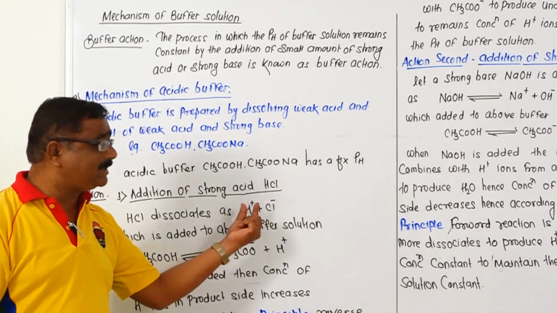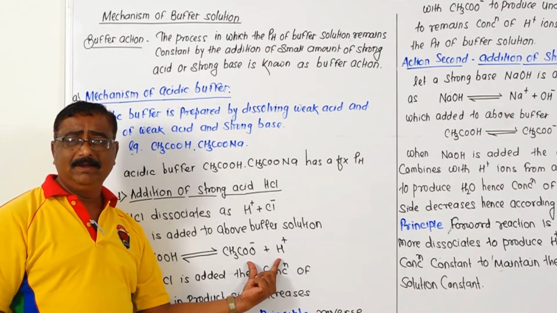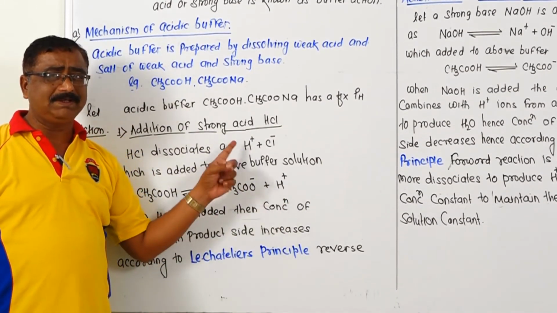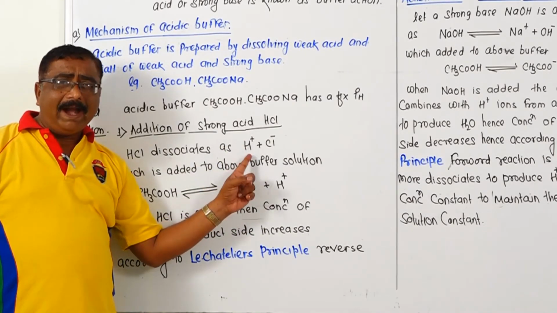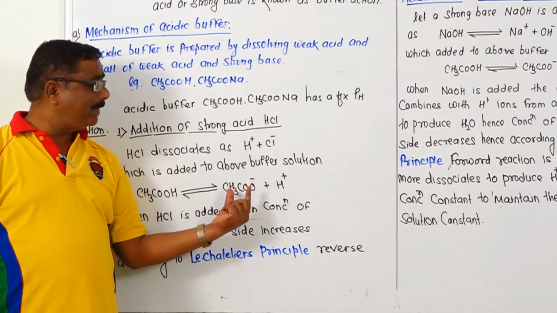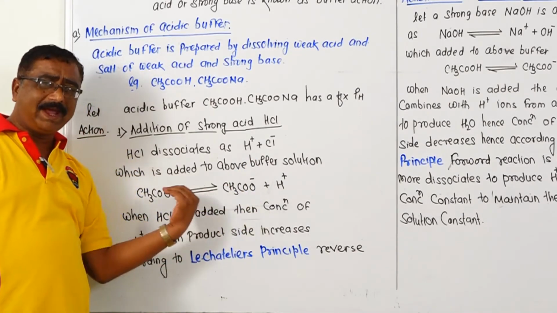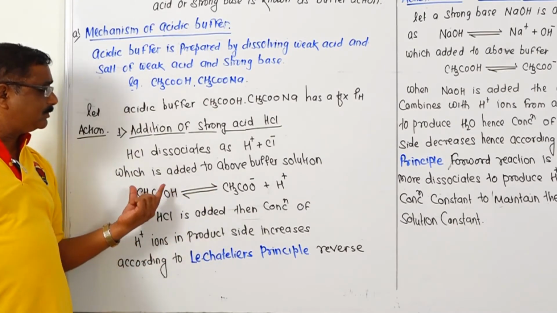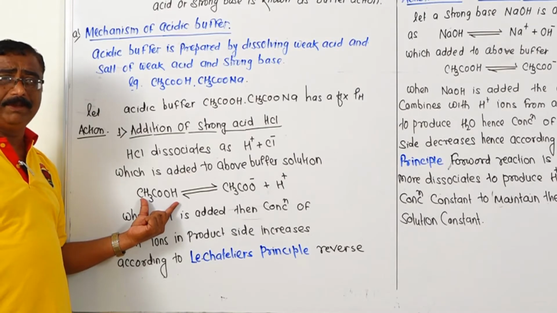So when these H plus ions are added in this solution, the concentration of H plus ion increases. So whatever the added H plus ion, they combine with this CH3COO minus and reverse reaction is favored, to produce undissociated CH3COOH.